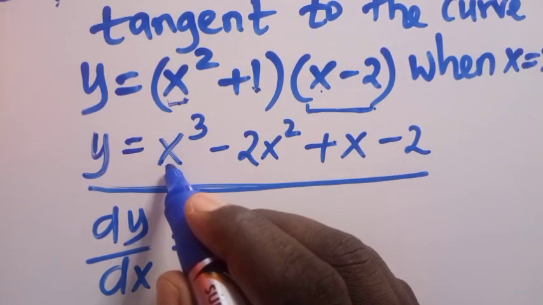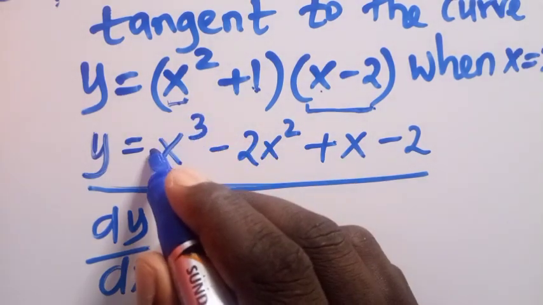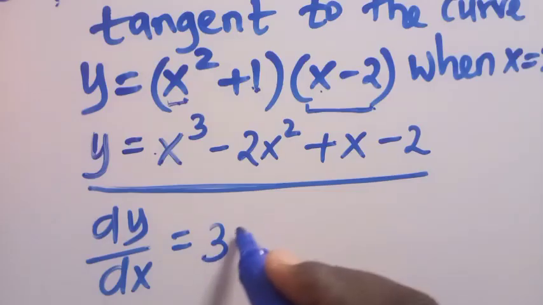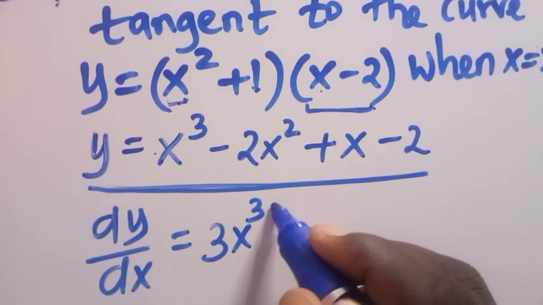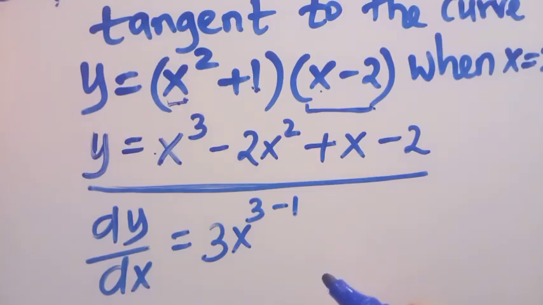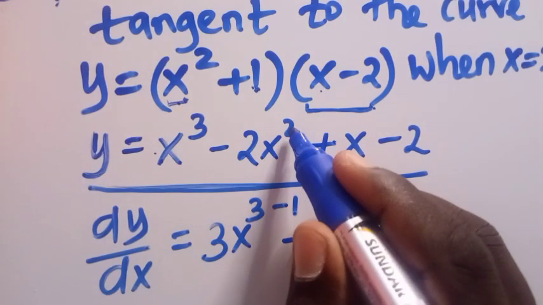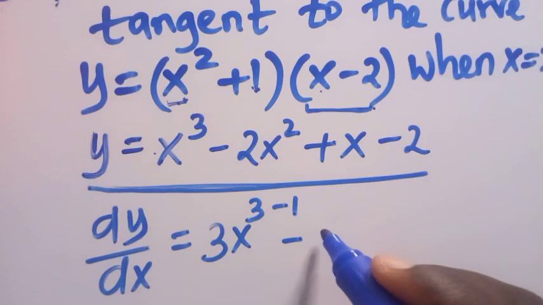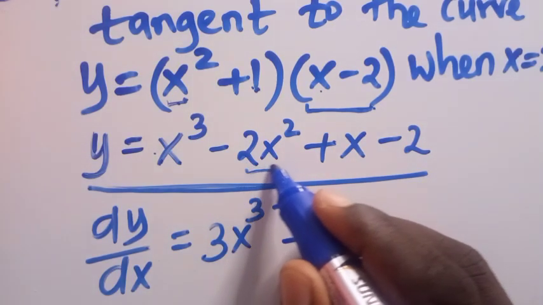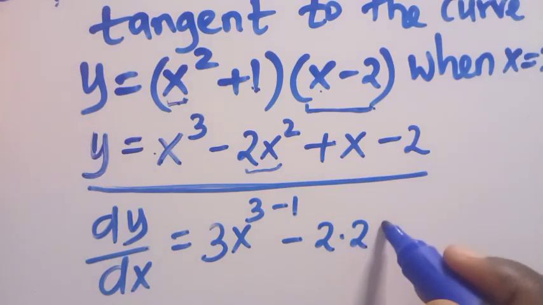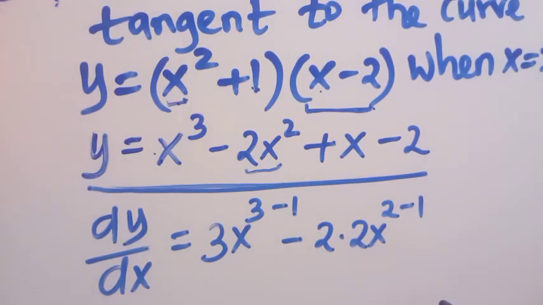So this one is x cubed. If we differentiate it, we shall bring this 3 here, so that it will be 3x raised to 3, then we reduce that power by 1. Then minus, we bring this 2 here, so that it will be 2 times 2x raised to 2, then we reduce the power by 1.